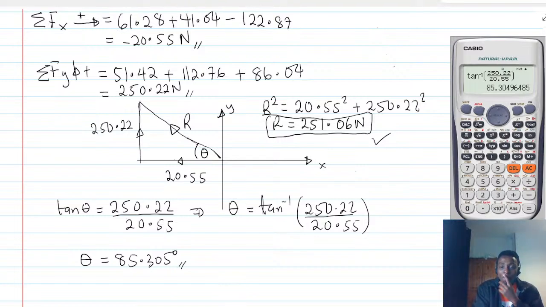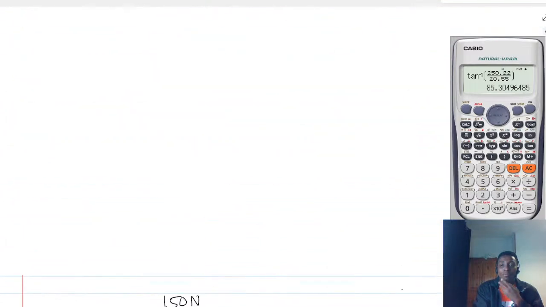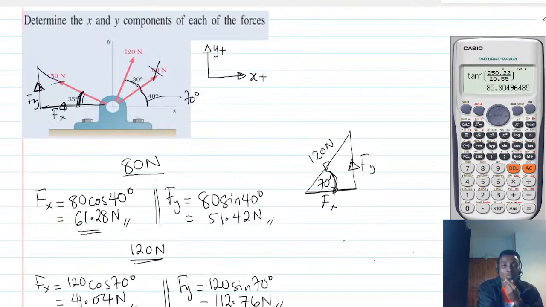So this problem has been solved. Now we know the magnitude of the force, and then we also know the angle.